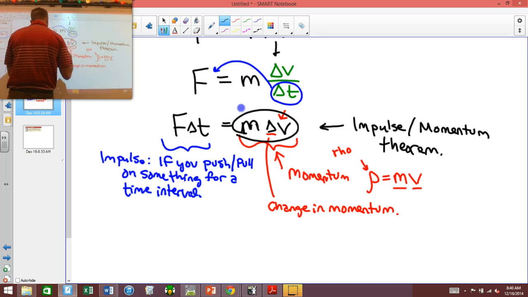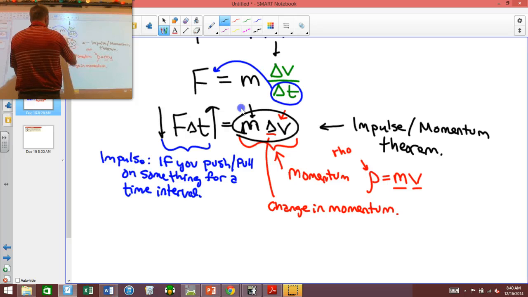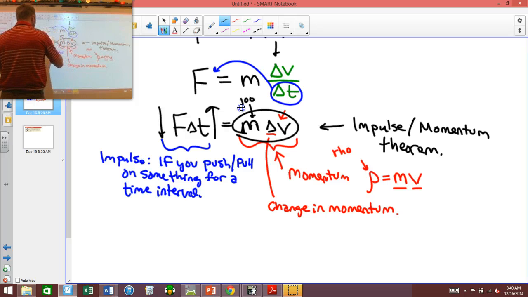But the thing that's damaging to people is how much force is on you. If we could somehow increase the amount of time that the force is acting, you don't need as much force. So this is a set number, like 100. So if you were to exert a time of maybe 20 seconds, over a course of like 20 seconds, maybe there's only 5 newtons of force.